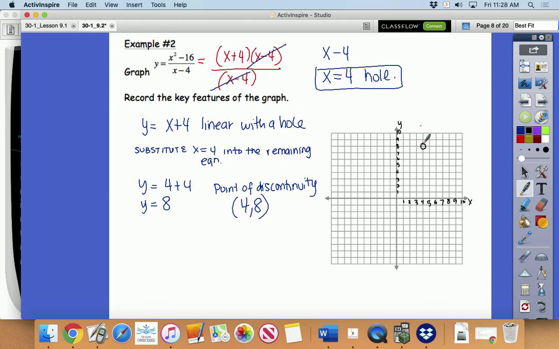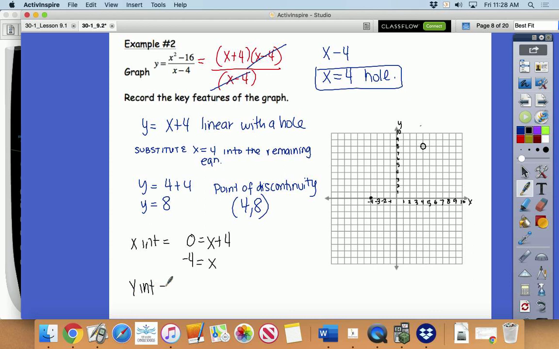And to do that, what is helpful always is to find the x and y intercepts, of course. So for the x-intercept, make your y value 0, so we're going to have 0 equals x plus 4, because that's all that's remaining, right? That means x equals -4 is an x-intercept. So you're going to plot the x-intercept at -4. Plot a point right there.